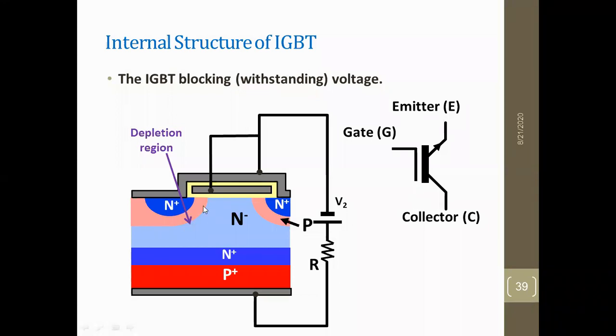What should happen? The N channel becomes very narrow. Whenever it is depleted, the N channel becomes very narrowly depleted.